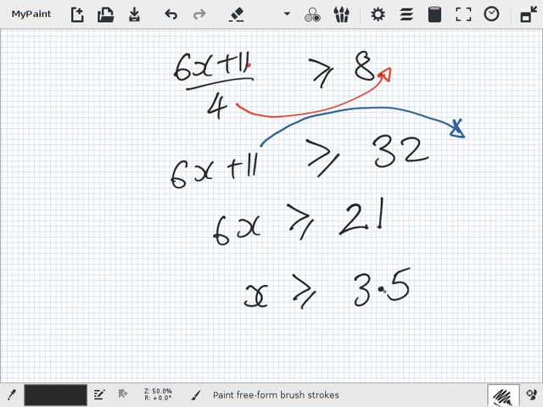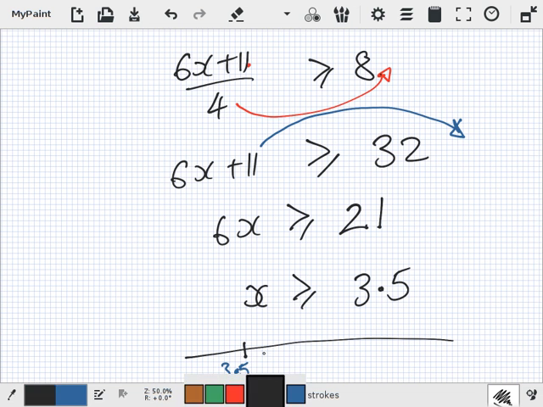But that's not quite the answer, because let's read the question carefully. Write down the smallest integer which satisfies this. So let's look at the number line. There's 3.5. What is the first integer which is greater than or equal to 3.5? No, because 3.5 is not an integer, because it has to be a whole number. 4.